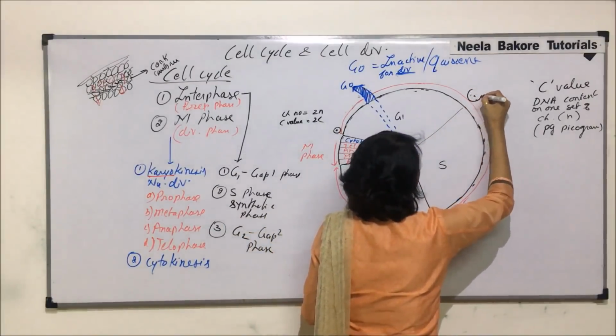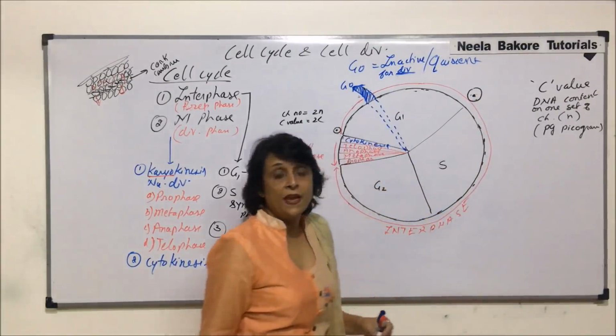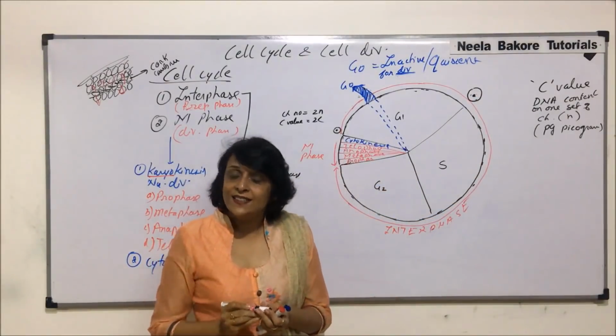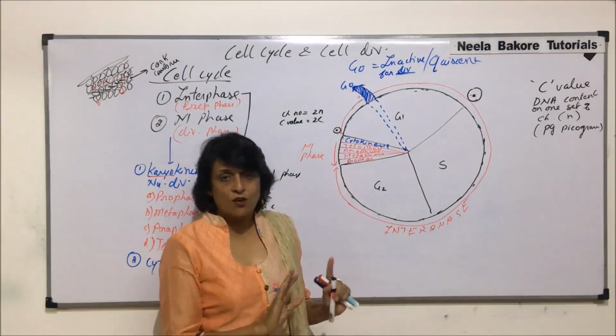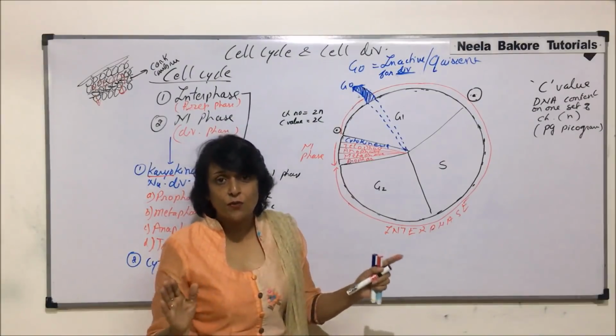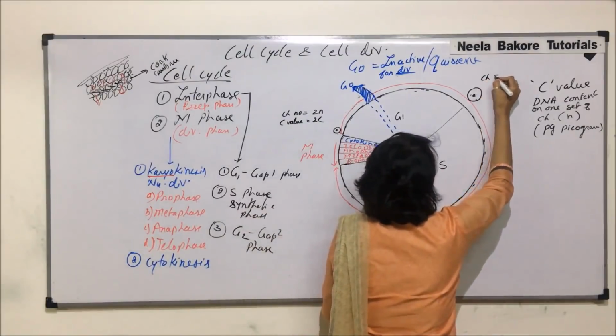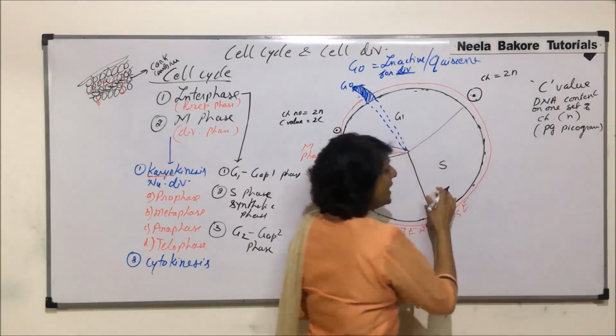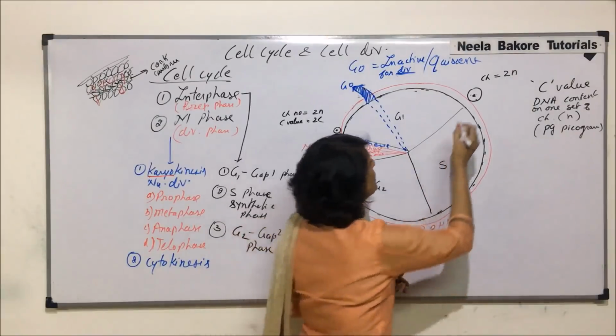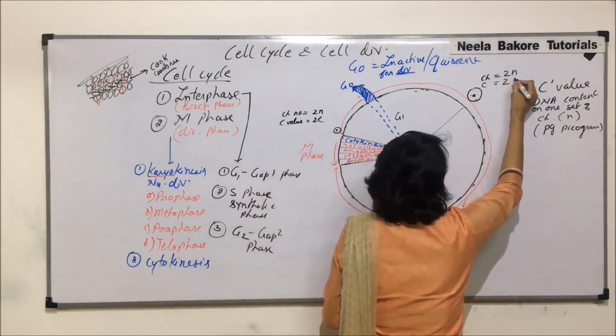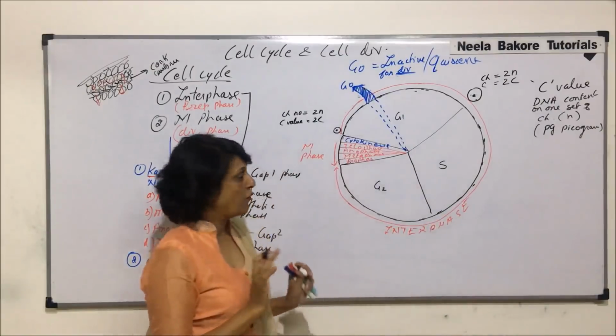The growth has taken place, the cell is bigger. Chromosome number is still the same because replication or division of chromosomes has not taken place. So here, chromosome number is 2n and DNA content is also same. So C value is again 2C, no change so far.